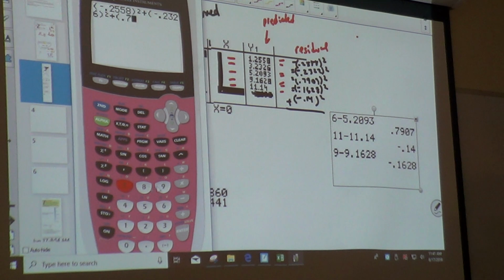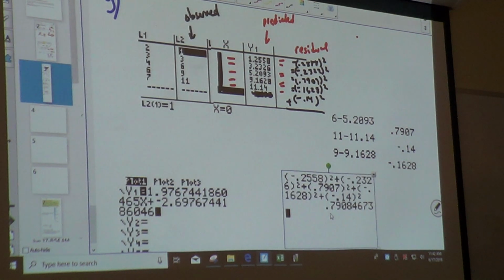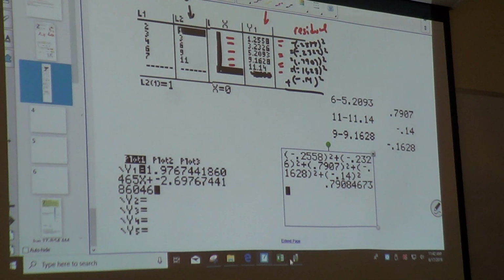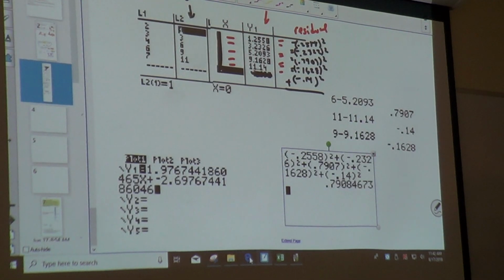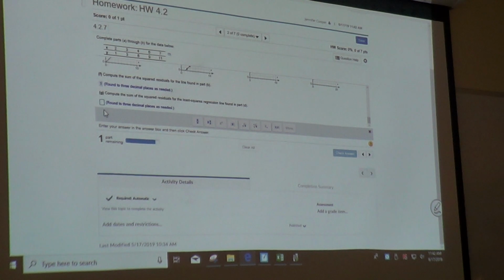And 0.7907 squared plus negative 0.1628 squared plus negative 0.14 squared. Alright, so that should give me, to how many places is the question? 3 places, so 0.791. This is when we pray that we did it right, 0.791.